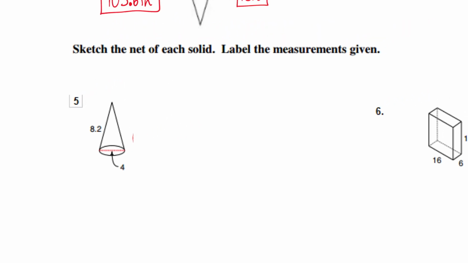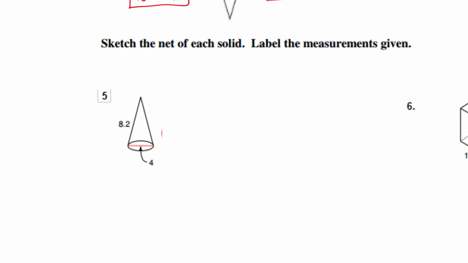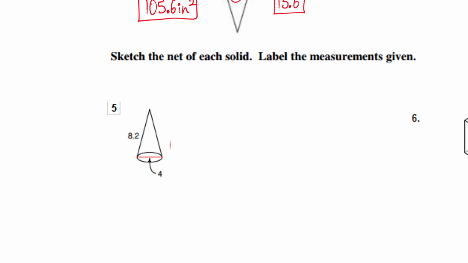Okay. So what we're going to do is we're going to sketch the net for each one of these. All right, so on a cone, when you unfold the cone, it's kind of a weird thing, but it ends up being like this. So something like that. Yeah, it should be even wider than that.